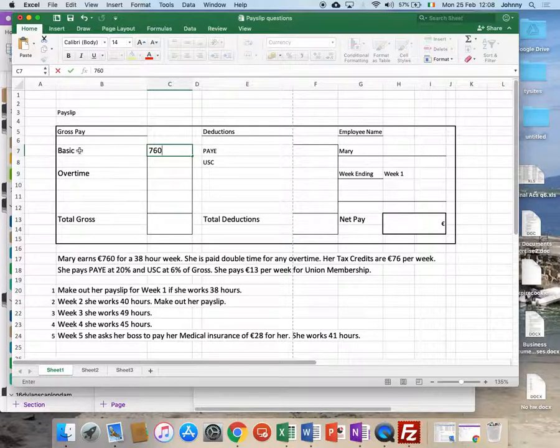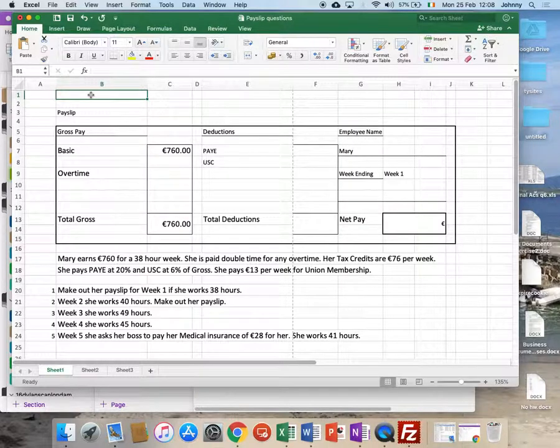Now, overtime. It says she's paid double time for any overtime. So just to make it a bit easier for myself, I'm going to put it up here at the top, how I calculated this, and then I'll be able to put this into the OneNote at the end. Okay? So I need to be able to work out her hourly pay. I'm going to do 1 and you'll do 4.